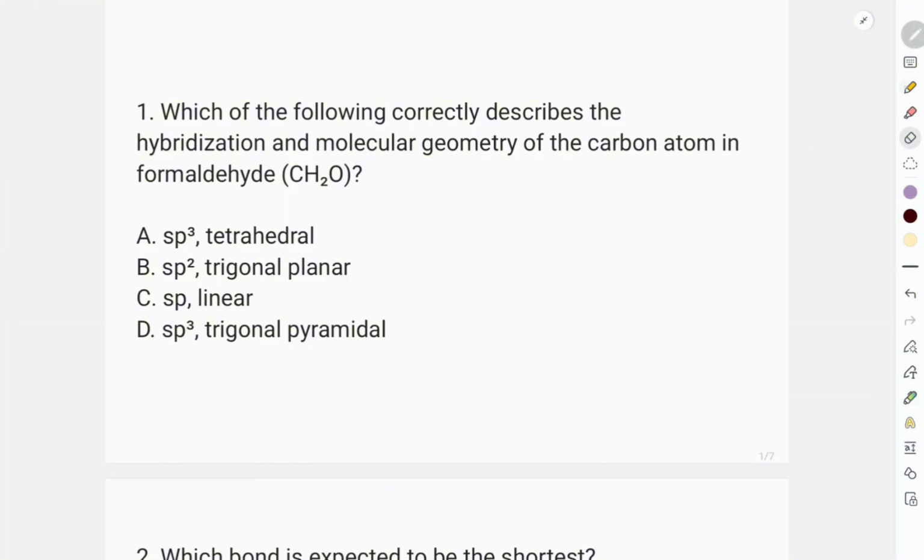Okay, so it's important to understand what hybridization is, and it is the merging of two electron orbitals. You might remember from general chemistry where you assigned the electron configuration for certain elements. So you would have that 1s orbital, 2s, and then 2p.